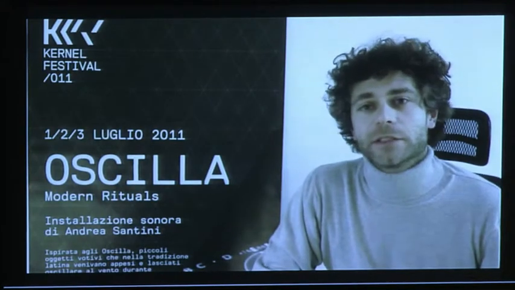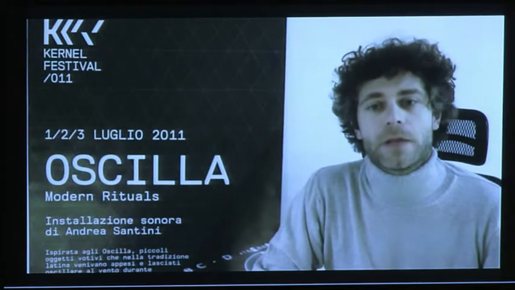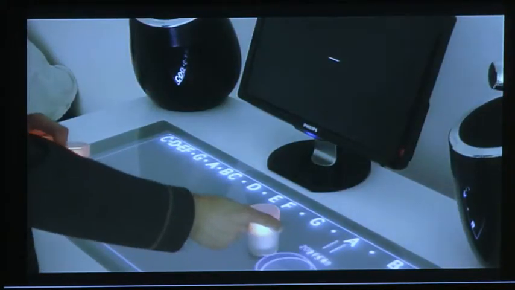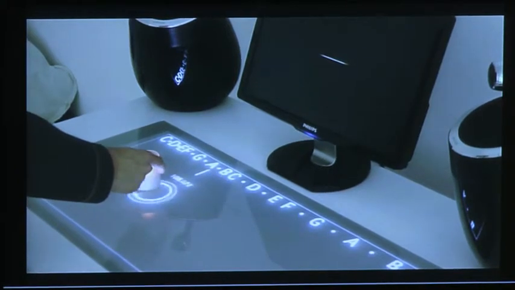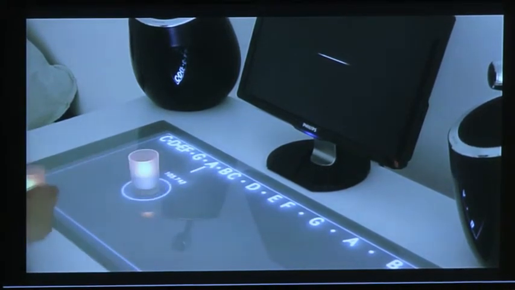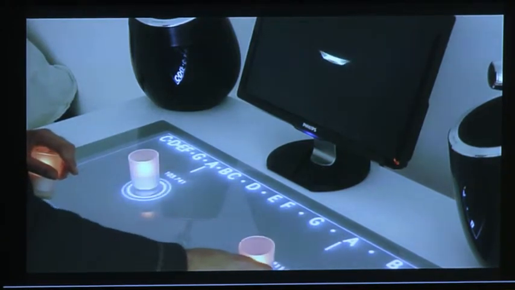Oscilla is an interactive audiovisual environment that explores the oscillatory roots of sound and its visualization. Using optical tracking, the position and movement of objects or people in space control the volume and the frequency of a variable number of sine wave oscillators.